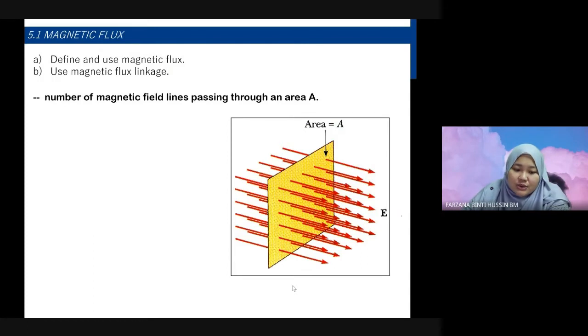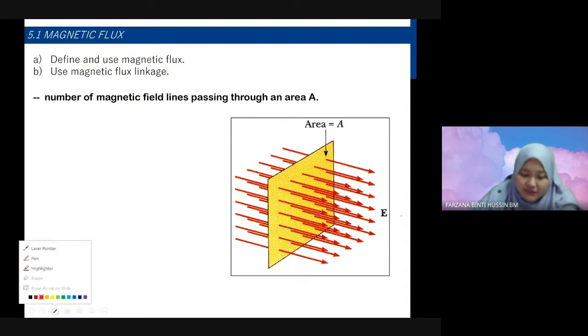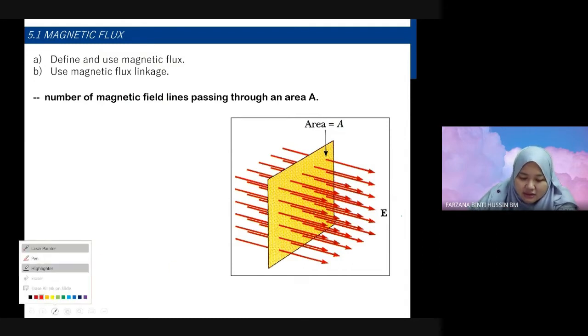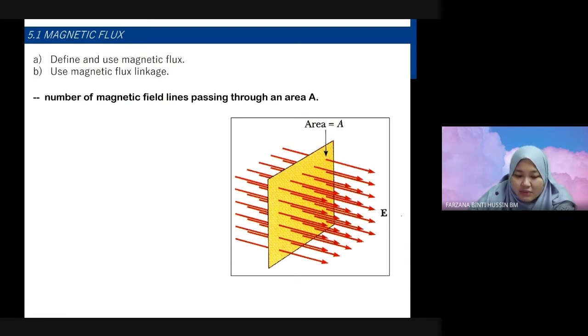As we know, when we have a magnetic field, it comes with magnetic field lines. The number of magnetic field lines passing through an area, or what we call a plane, that is what we call magnetic flux. This one here should be magnetic field, not electric field.